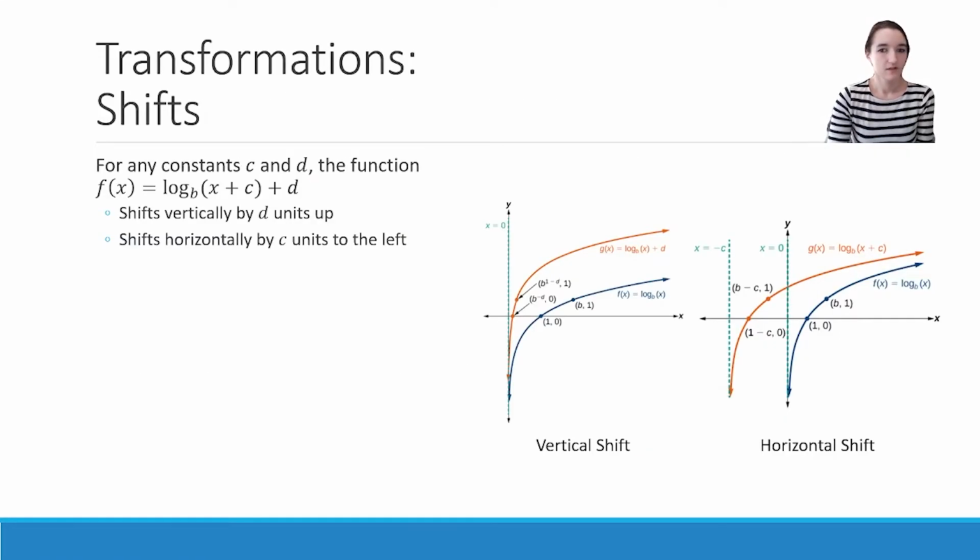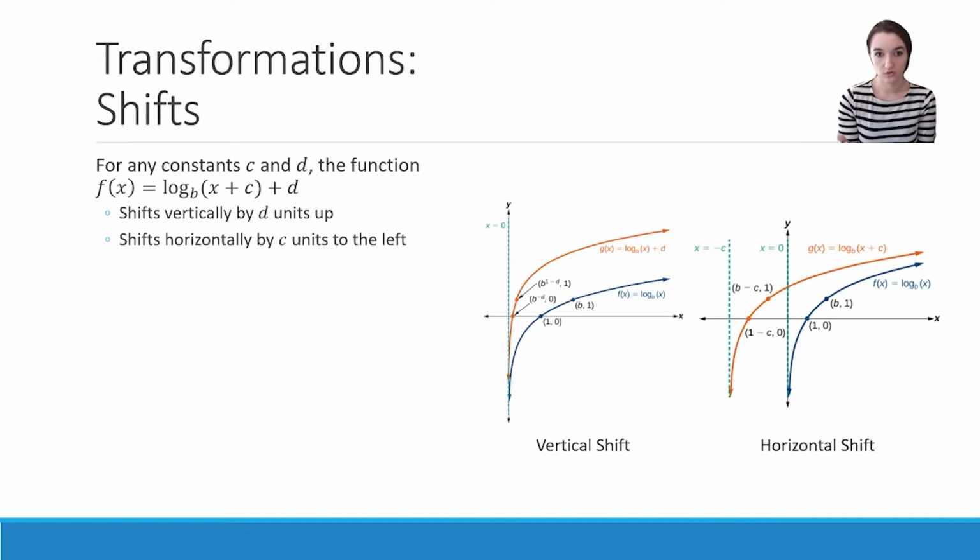All right. Now let's look at those transformations a little bit more in depth. For any constants c and d, the function f of x equal to log base b of x plus c, plus d, shifts vertically by d units up and horizontally by c units to the left. The main thing we're going to see, though of course we may see other types of transformations, particularly reflections, is shifts.